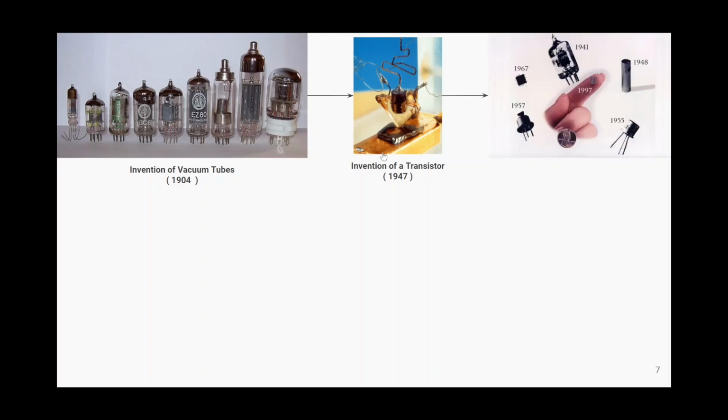That successful prototype led to the explosion, I'll say exponential growth, of using transistors rather than vacuum tubes, because of the disadvantages of vacuum tubes, such as size and power consumption, and the advantages offered by transistors.